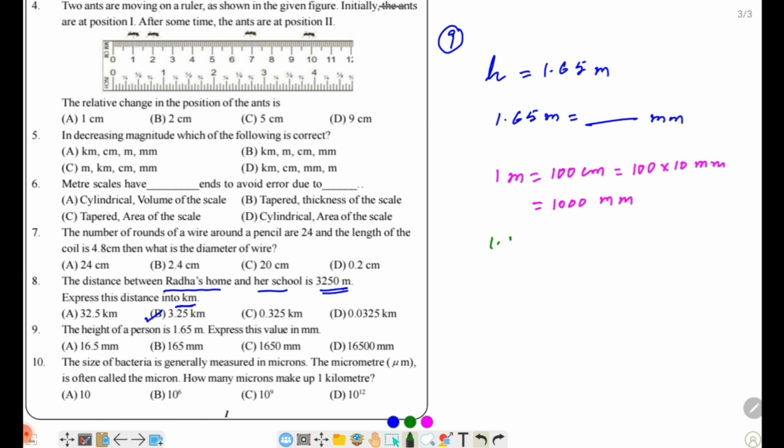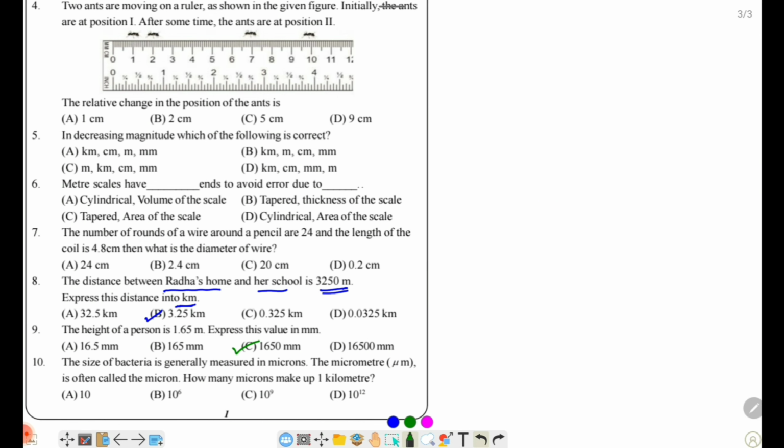Therefore, 1.65 meters equals 1.65 times 1000 millimeters, which is equal to 1650 millimeters, right? Which option is correct? Option C. Again, write your name in the comment section if you get the correct answer. Let's see question number 10.